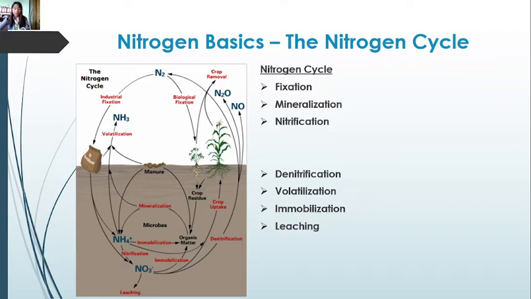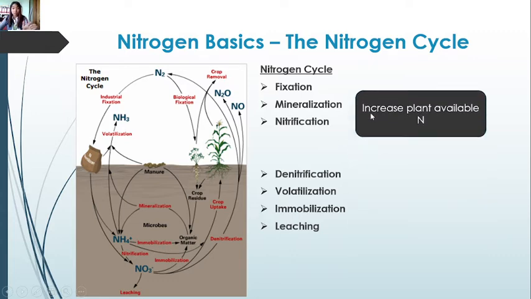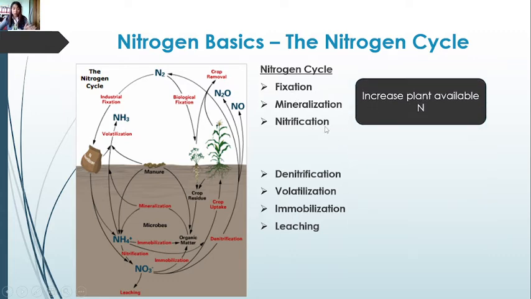So, in general, the nitrogen cycle processes result in whether increased plant available nitrogen, so gaya ng tatlong ito, 3 processes, or it could result in permanent or temporary nitrogen losses from the root zone.